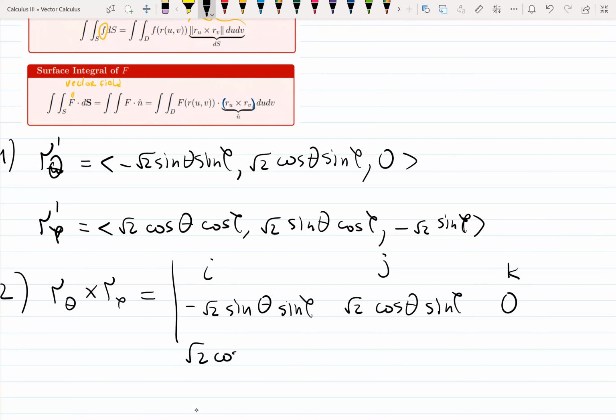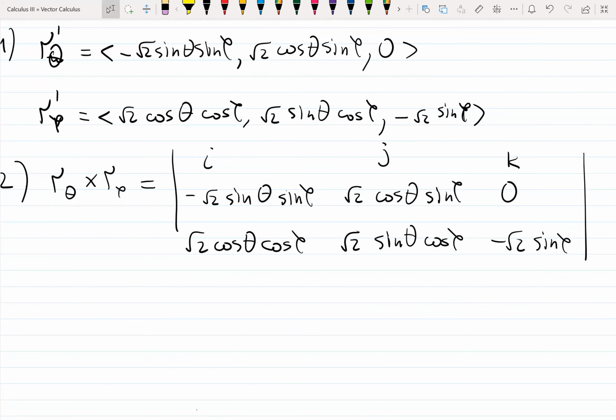Square root of 2 cosine theta cosine phi, square root of 2 sine theta cosine phi, minus square root of 2 sine phi, close, nice. And you hope that they will cancel out somehow, maybe, that'll be nice. Because square plus square gives you 1, or maybe this looks nice with negative, maybe they just cancel out.